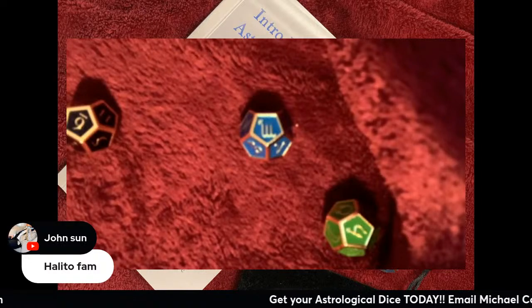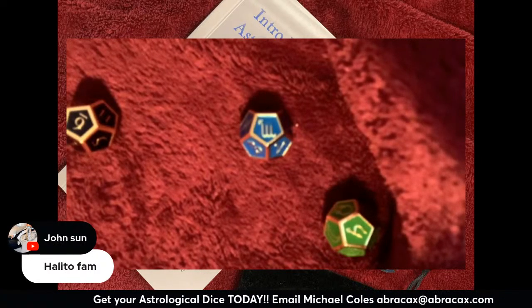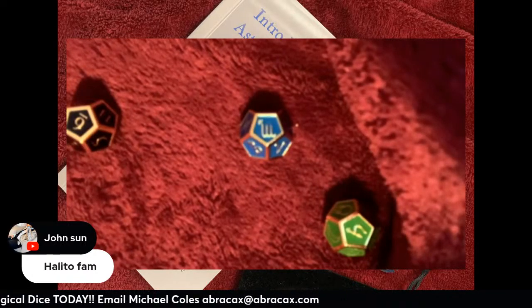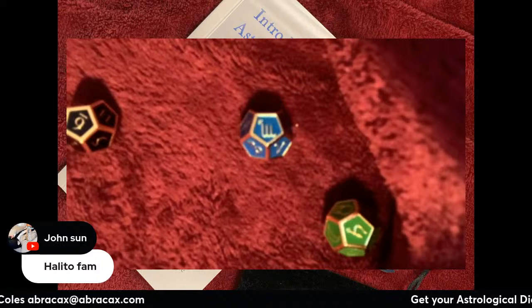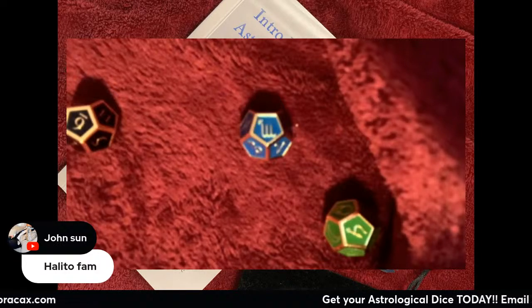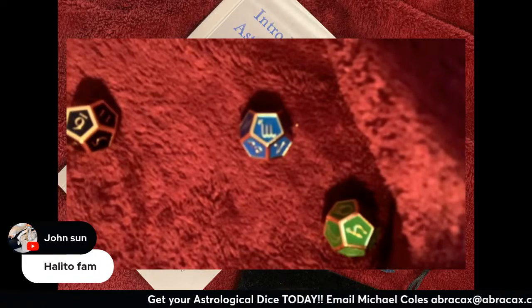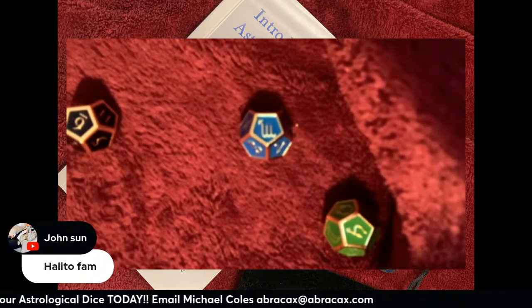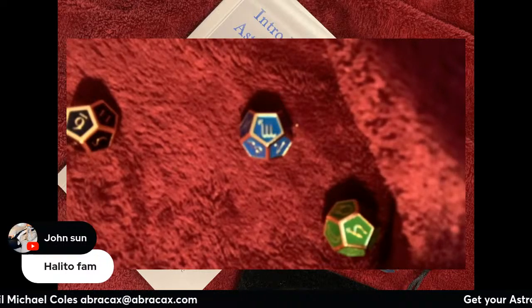Scorpio does not appear next to Pluto or Mars, which are its planetary rulers, which would make the quality of my answer enhanced. It's not next to Uranus, which would strengthen the answer multiplied. It does not appear next to Venus or the moon, because then my answer would be diminished.